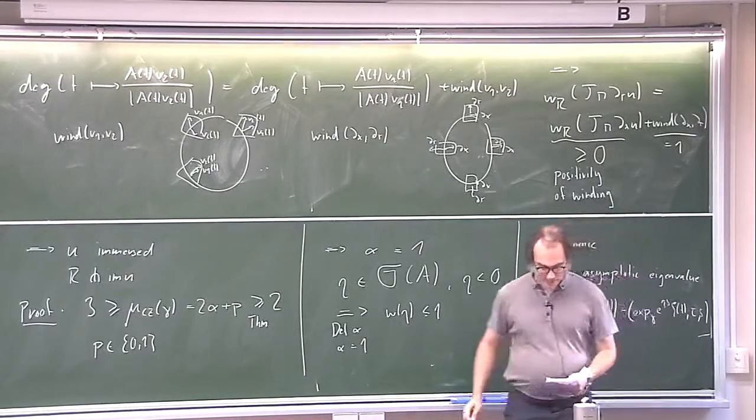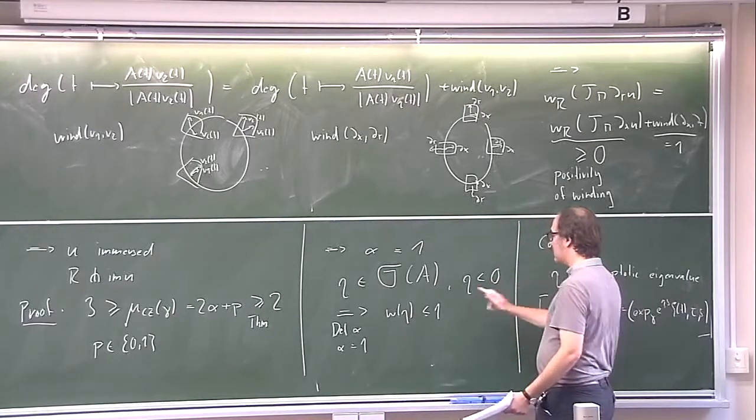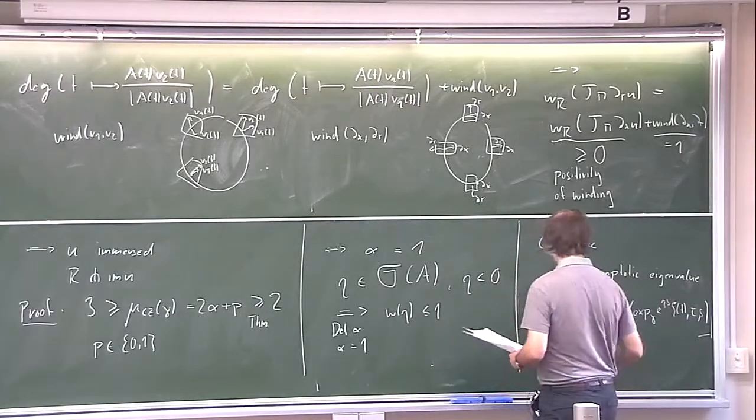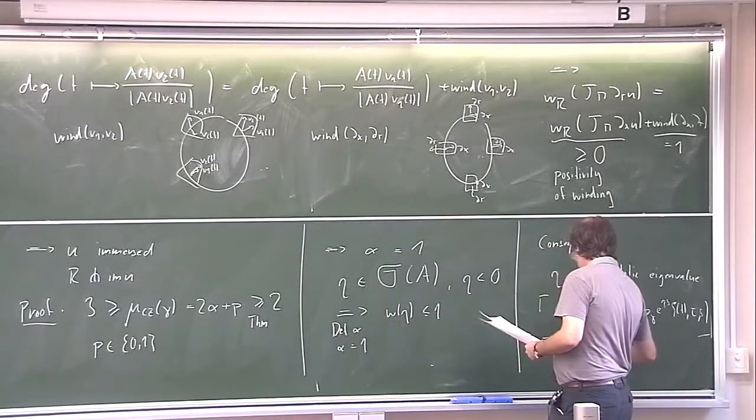Then, of course, because this is negative, it has to be less than or equal to 1. So it follows that w eta is less than or equal to 1.